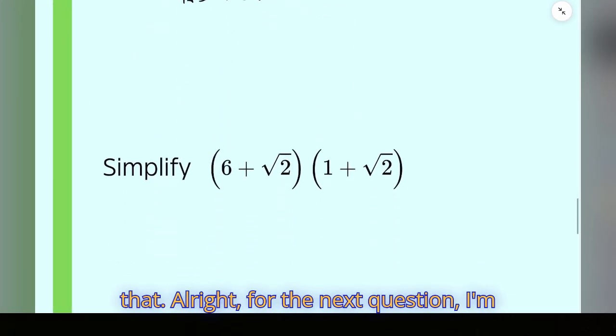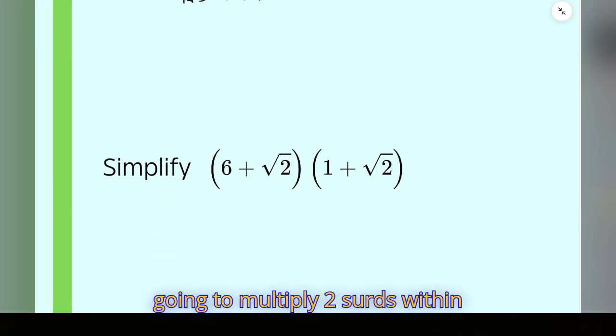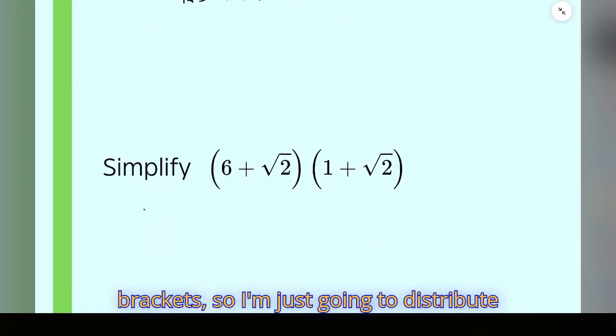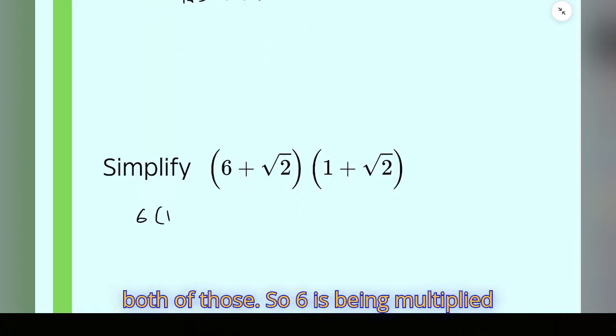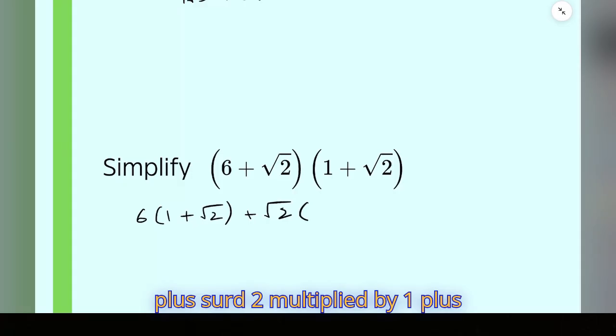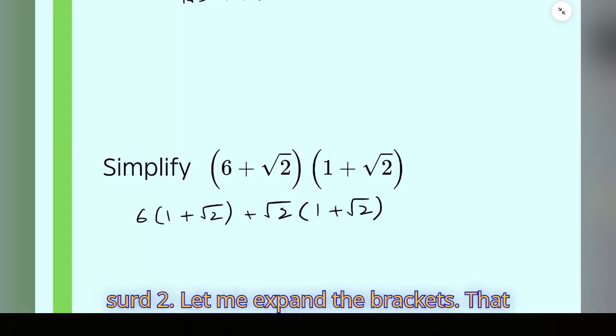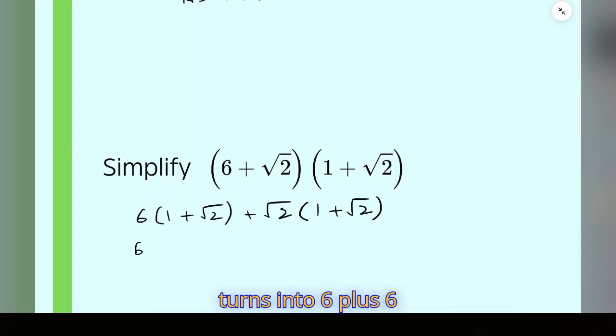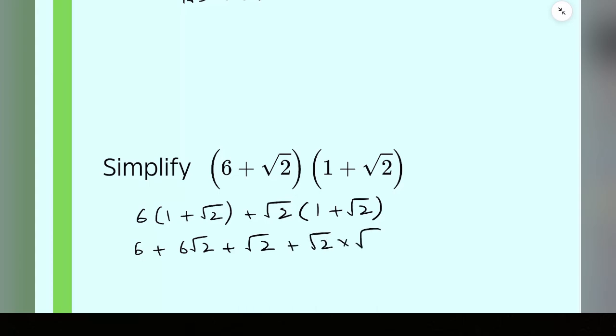For the next question, I'm going to multiply two surds within brackets, so I'm just going to distribute both of those. 6 is being multiplied by 1 plus root 2, plus root 2 multiplied by 1 plus root 2. Let me expand the brackets. That turns into 6 plus 6 root 2 plus root 2 plus root 2 times root 2.